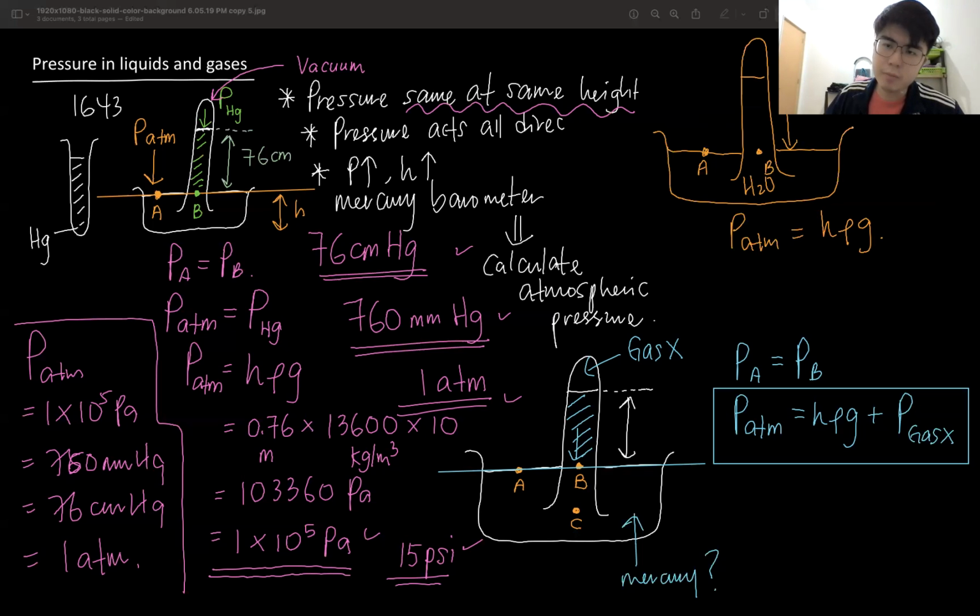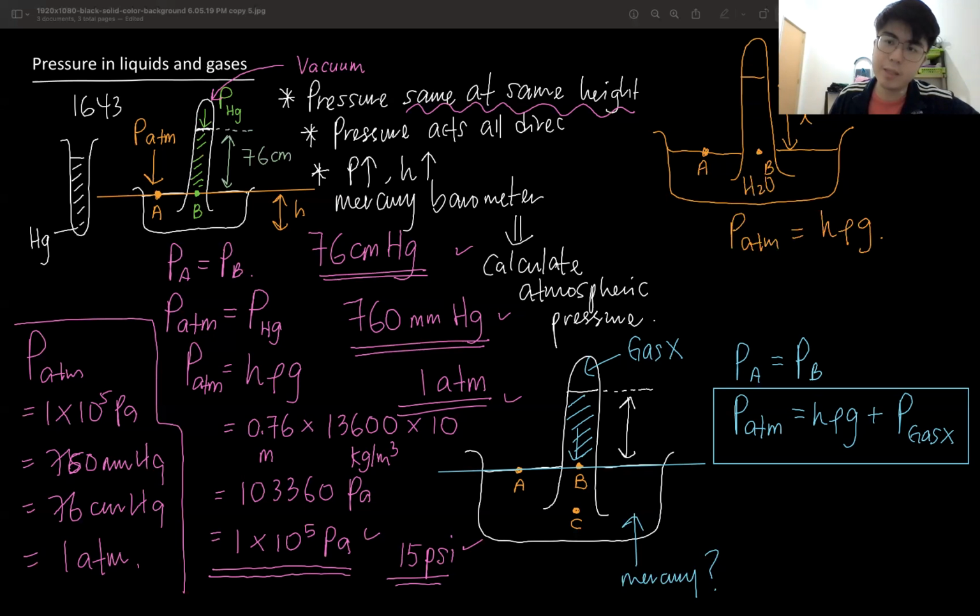If I use water, you will see that there is a change in the length of the column. If I want to calculate the length, how do I calculate it? Using this expression, I already know the atmospheric pressure.